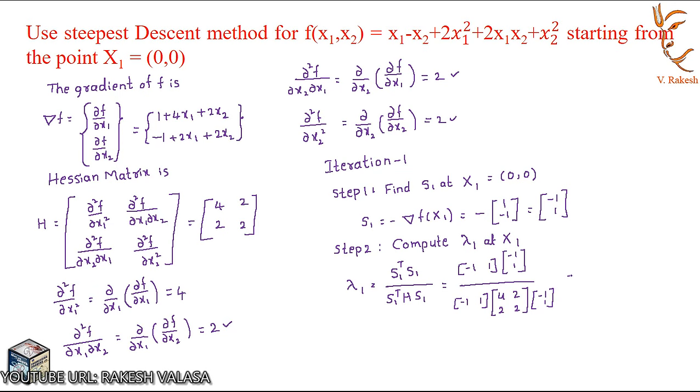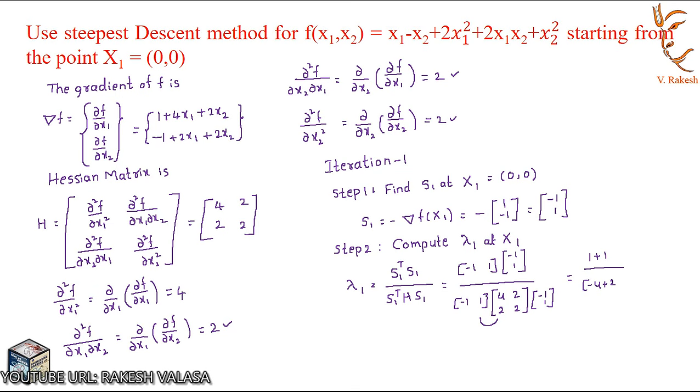Now simplify this one. You can multiply these two vectors, that is minus 1 into minus 1 plus 1 into 1, that is 1, by, first you can multiply these two matrices. Next, minus 1 into 4 is minus 4, 1 into 2 is plus 2.